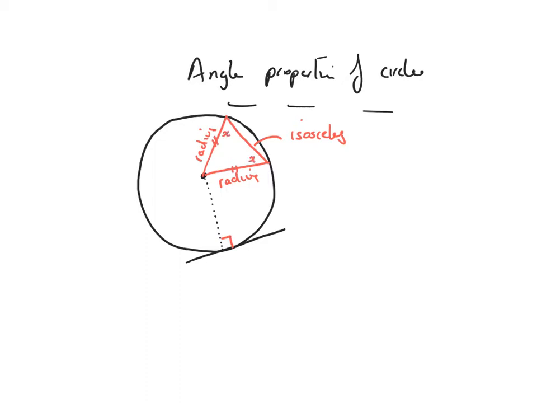So if this angle, for example, was x, then that angle would also need to be x. Okay, another point to note is if we took this circle and we split it down the middle so that we've got two semicircles, I'm going to concentrate on this semicircle here. If I then mark a point anywhere at all on the circle, in this semicircular part, I'm going to mark it here.